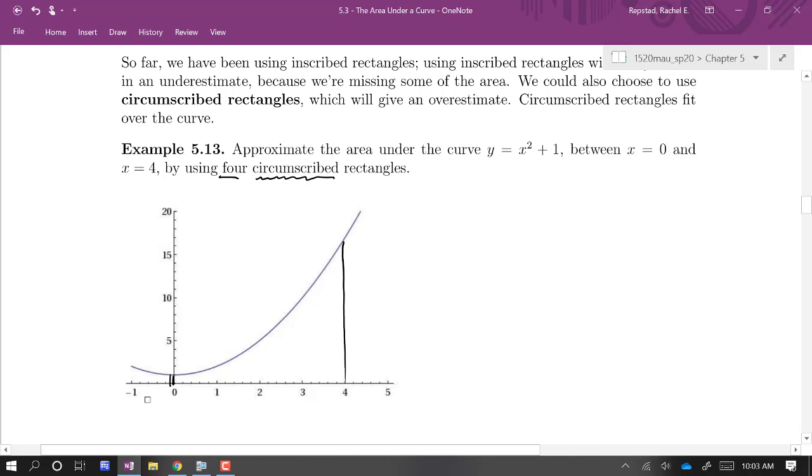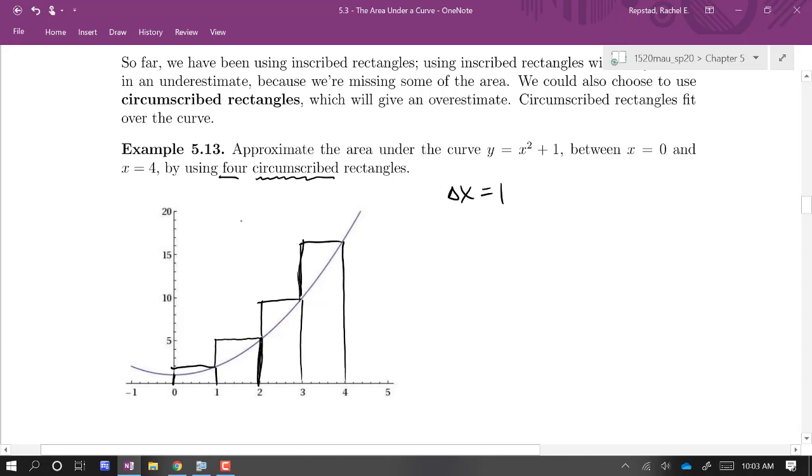Our delta x is 1 because we're using 4 rectangles. But because I'm using circumscribed rectangles, I'm going to use the right endpoint. It's an increasing function, so I'm going to use the right endpoint to end up with circumscribed rectangles. This is a circumscribed rectangle, right? It's the stuff that's going to grab extra area.